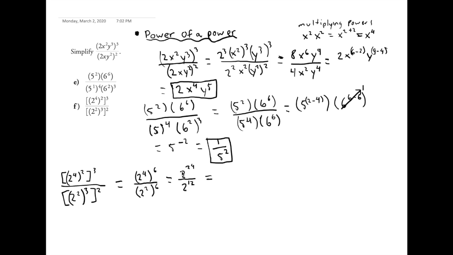As we said, when you have the same terms, you're just going to subtract the exponent. So it's going to be 2 to the power of 24 minus 12. 24 minus 12 is just 12. So you're going to have 2 to the power of 12. And that's going to be your final answer for this problem.